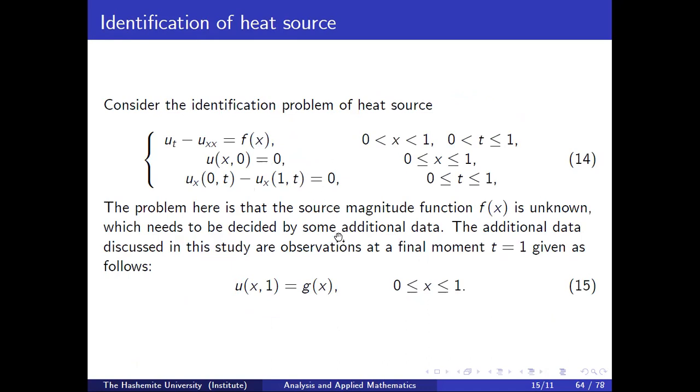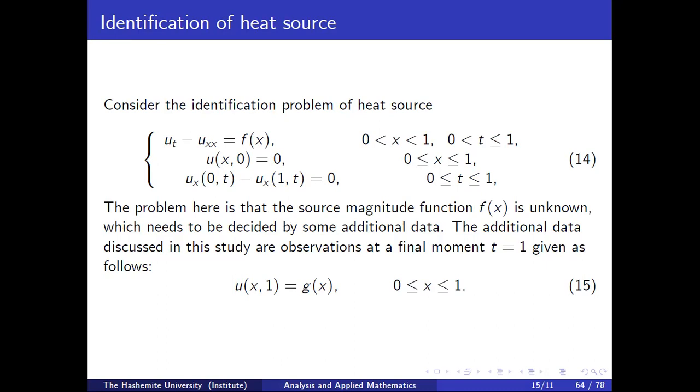But let me finish by giving this example, which is the last example. Maybe it is of interest. So this is the heat equation. And here, the source term depends only on x, and we don't know this source term. So the problem here is that we need to recover this source term. And to recover the source term, we need additional information.